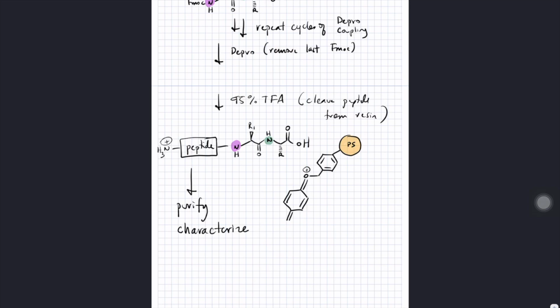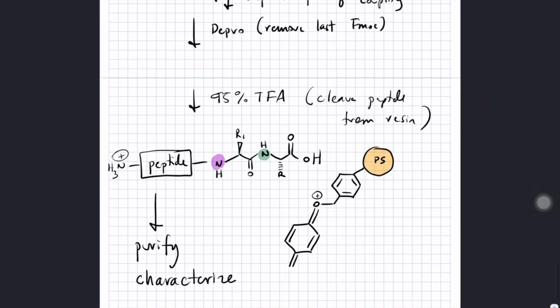And it works almost as well as the Boc chemistry. It turns out that the piperidine Fmoc deprotection reactions are not quite as efficient as the TFA-based Boc deprotection conditions. So in practice, with Fmoc chemistry, you're limited to peptides in the 30 amino acid range.